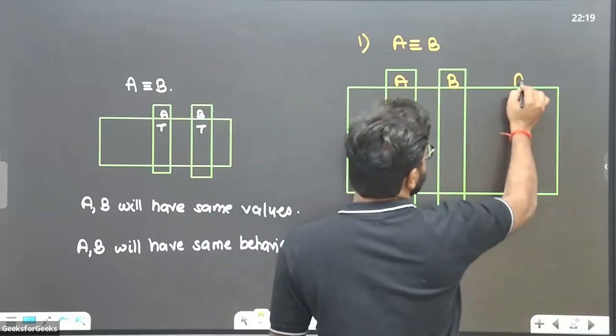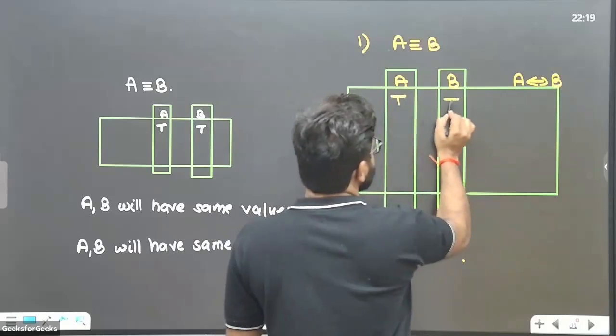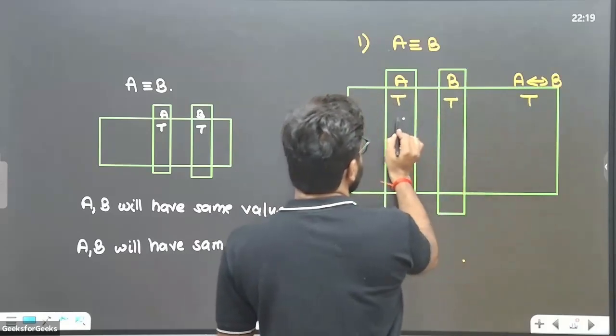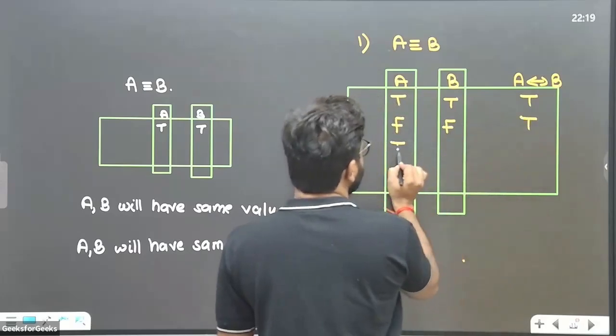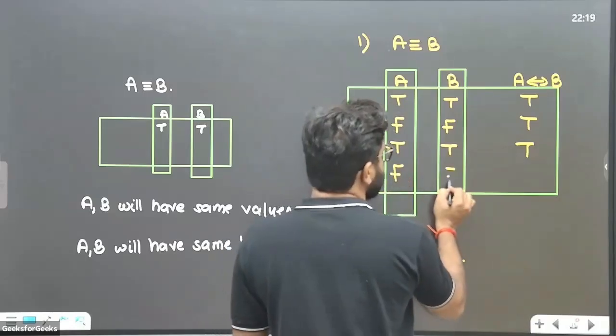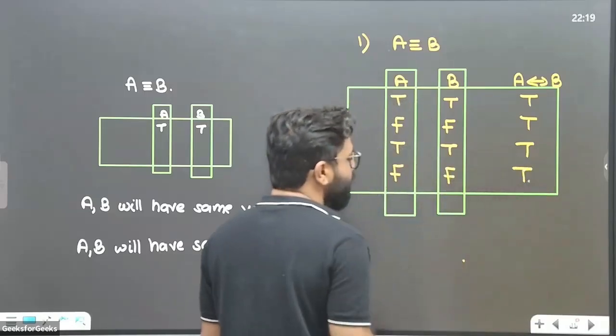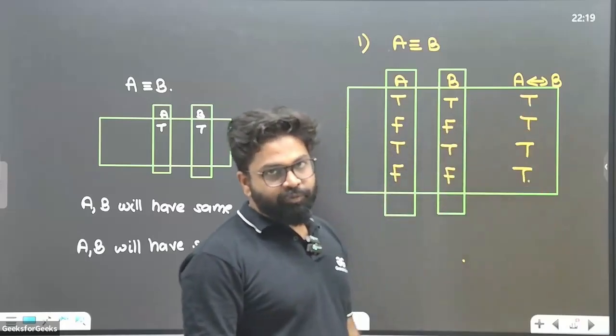And if I use double implication here, what will I get? If this is true, you will get true. If this is false, again you will get true. If this is true, again true. If this is false, again true. So can I say that all the instances of a double implication will become true?